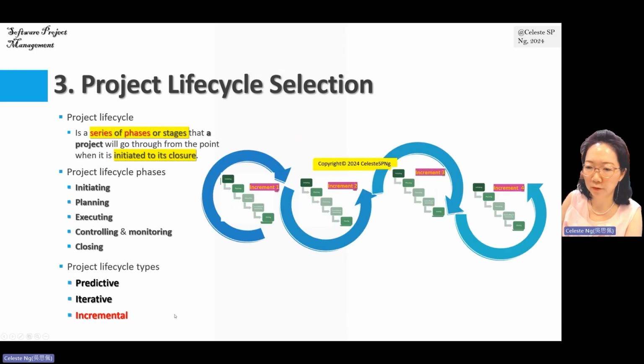Then we have the third type of project lifecycle, which is incremental. As the name implies, we have several iterations, and each of these iterations we can also call an increment. We have increment 1, increment 2, increment 3, and 4.